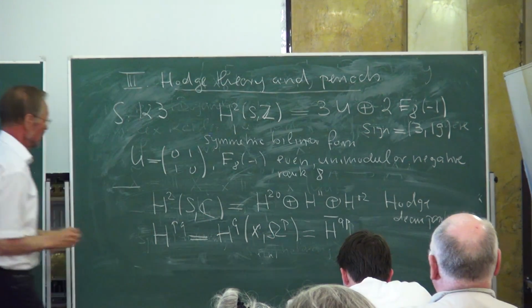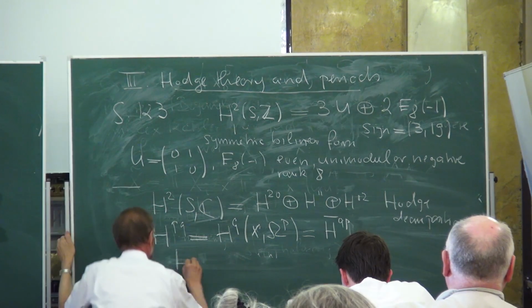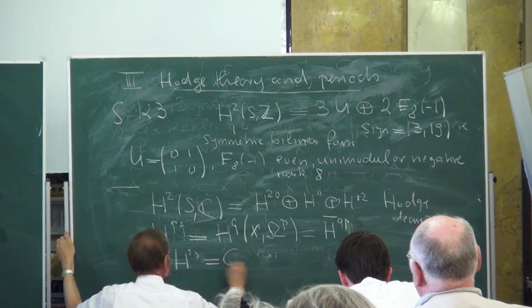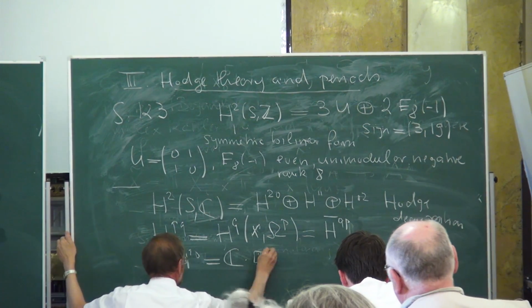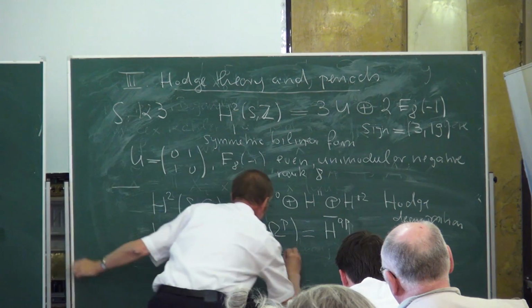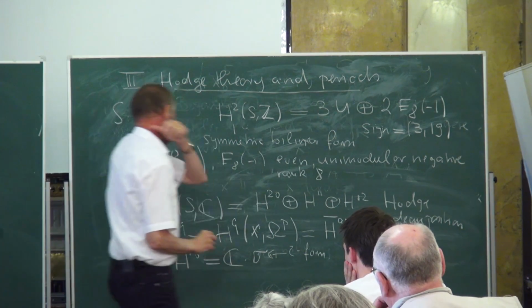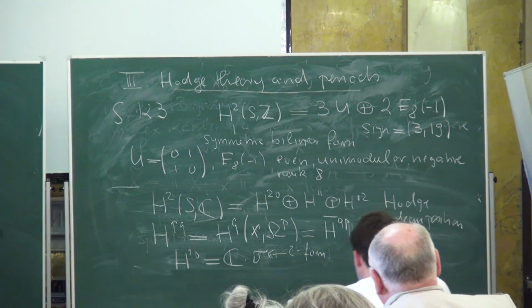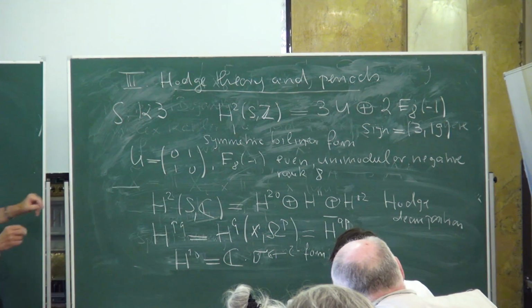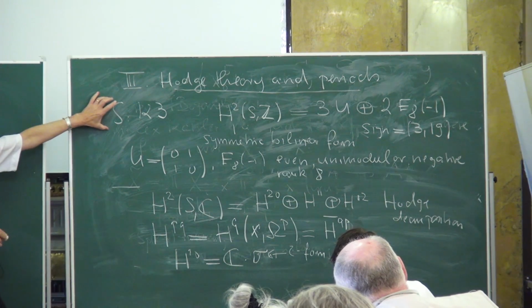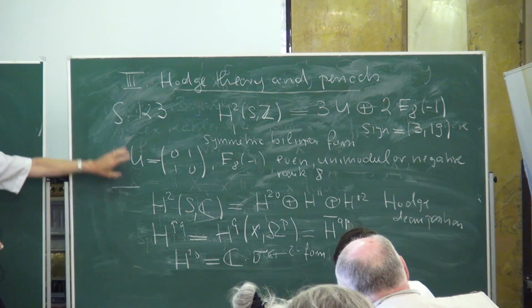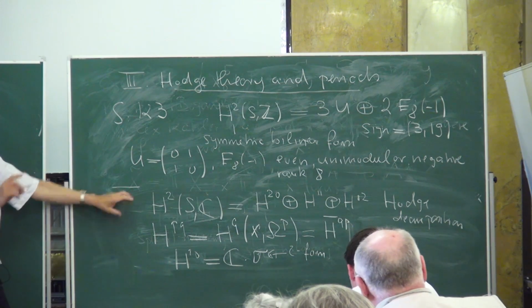And yeah, so in particular, H^{2,0} is what is generated by my 2-form, my non-zero 2-form. That generates me a line in complex cohomology. And now I have 2 structures. I have this discrete structure and I have this linear structure.